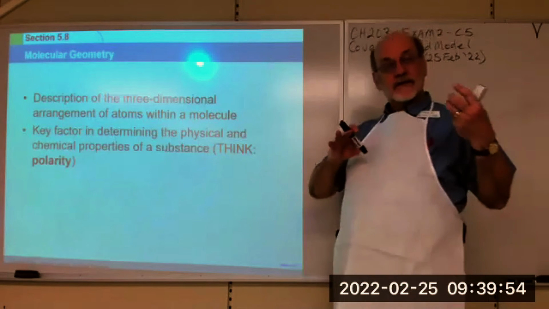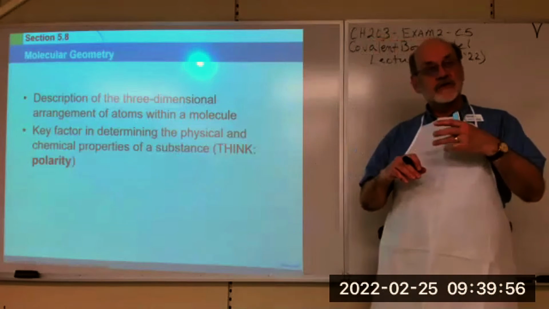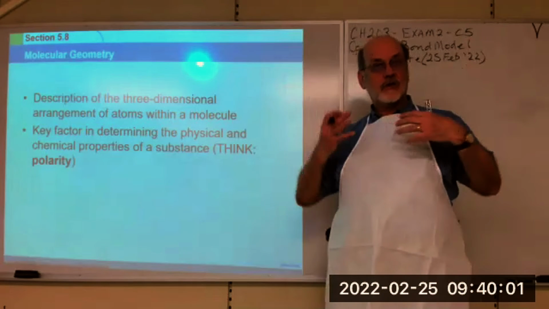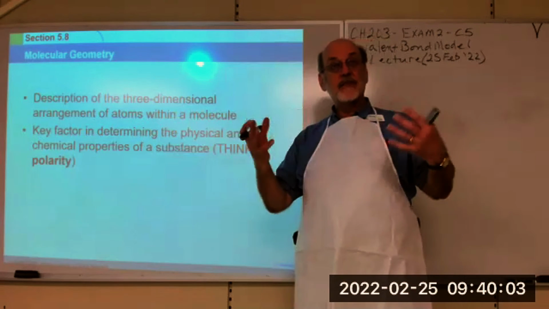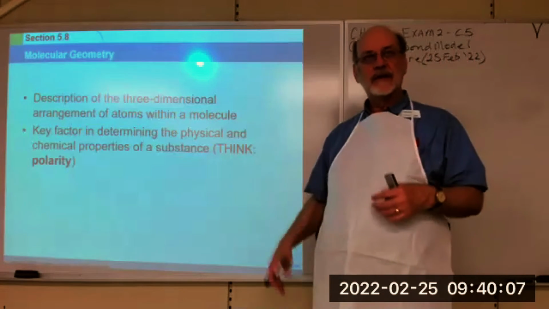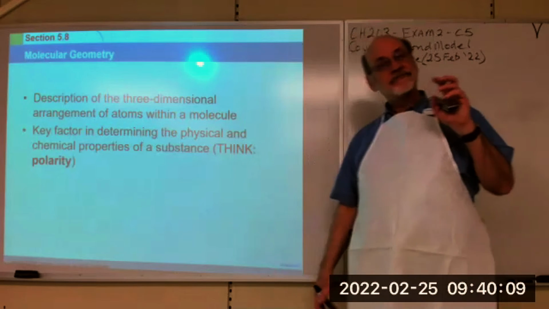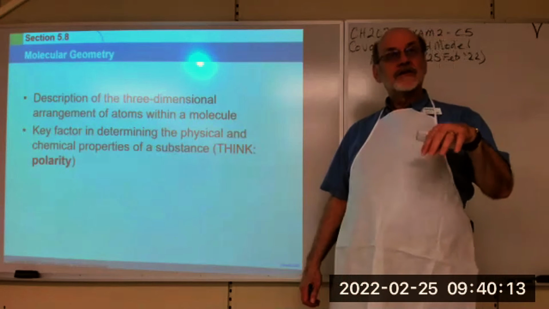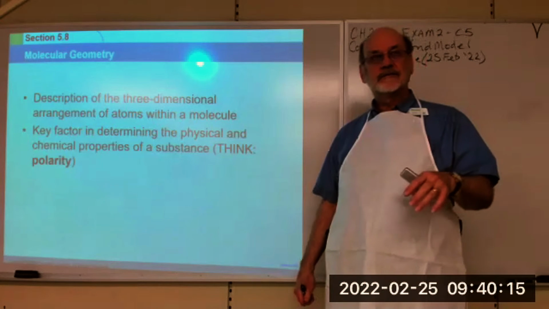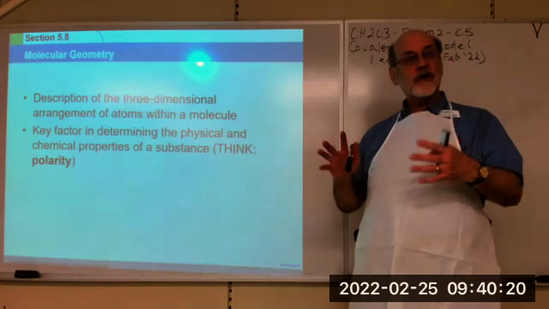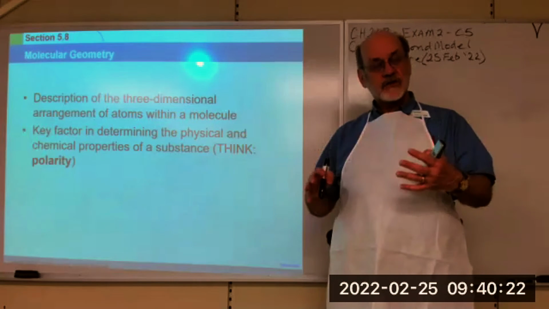In other words, does it have an uneven distribution of electrons? So that will determine how it interacts with other molecules, even other of its neighbors, same molecule, or any other thing you put together with it. That's why when you put certain types of compounds in water, some of them dissolve and some of them don't. It's because of this interaction that we can infer from the structure of the molecule.